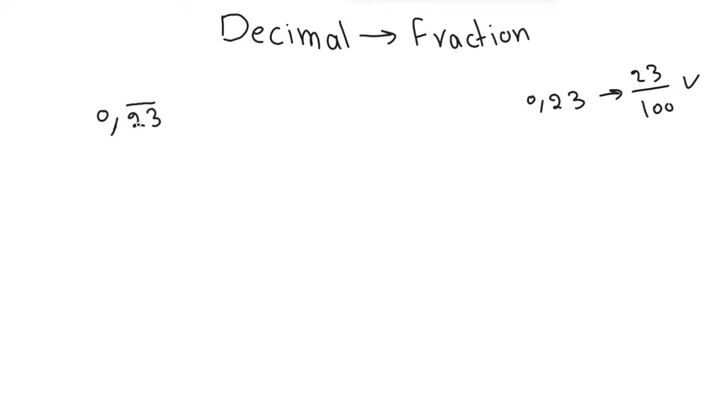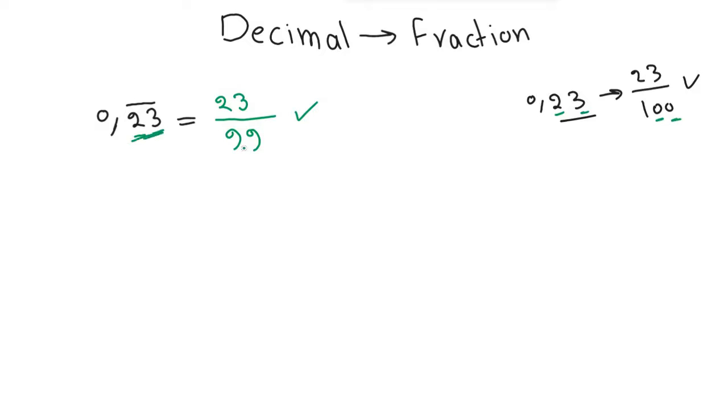But if it's a repeated decimal, it's not terminated. Write 23. Instead of the 0 this time, because they are repeated, and instead of the repeated numbers, write 9. We have 2 repeated numbers, write 99. So the answer is 23 over 99.